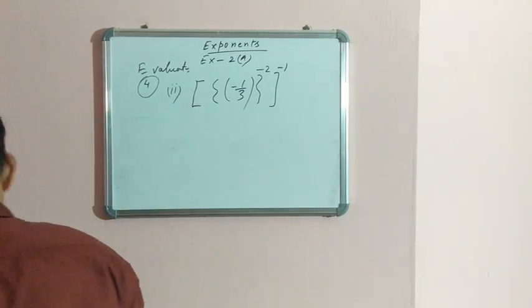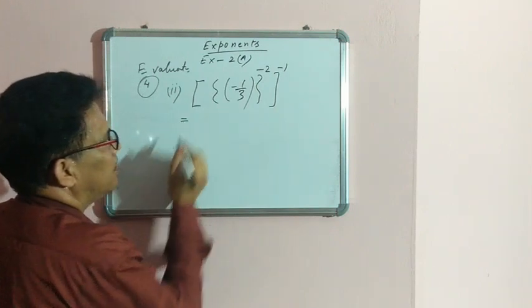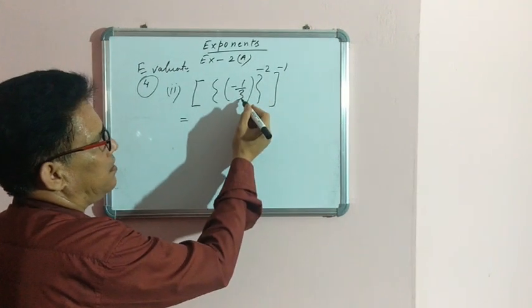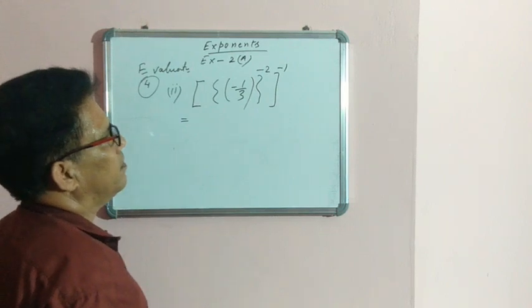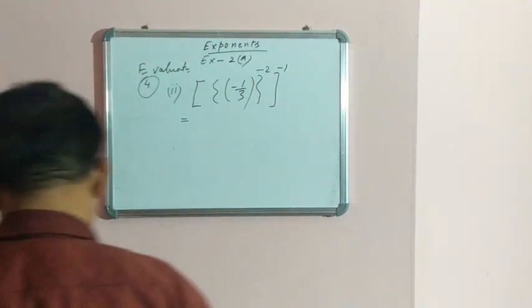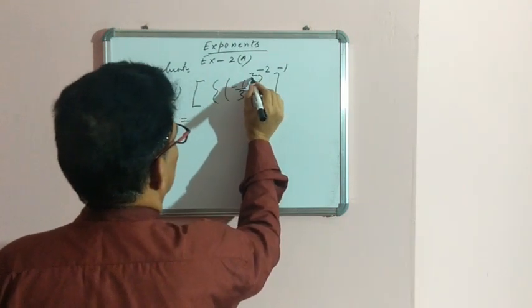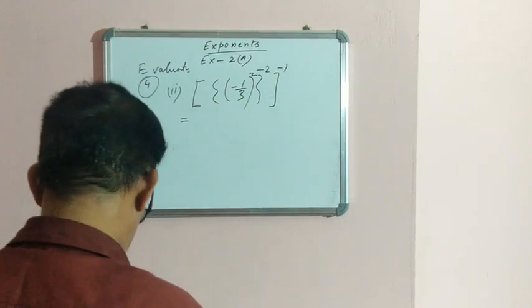So what can we do here? This is a by b power minus n, but here minus 1 by 3 power 2 is also there: 1 by 3 power 2, whole power minus 2 is there.